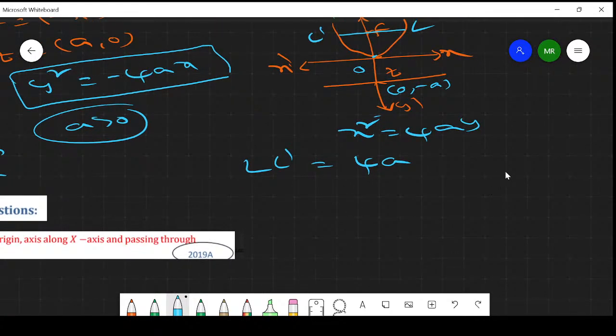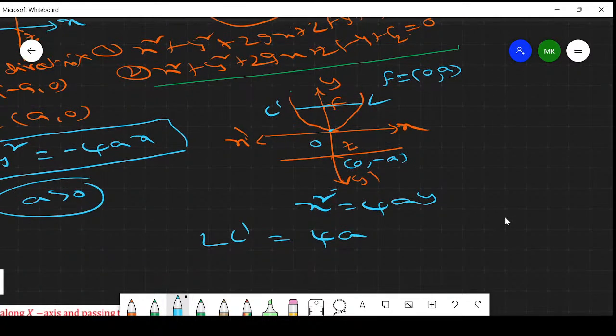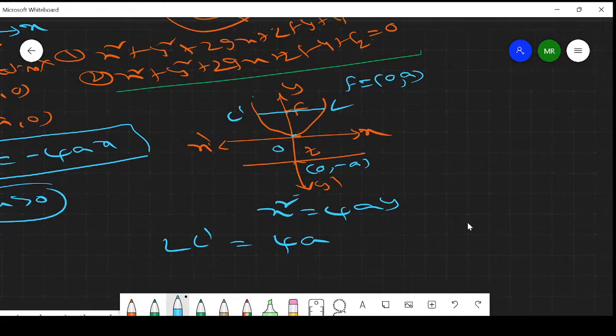Now, if I talk about the downward parabola, you can think about it. When I have taken it like this, the parabola will be downward. It will pass through the origin and come downward like this.